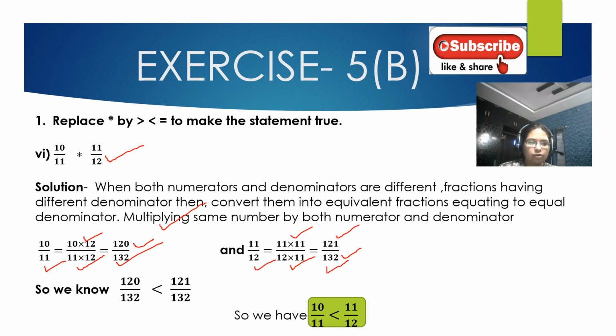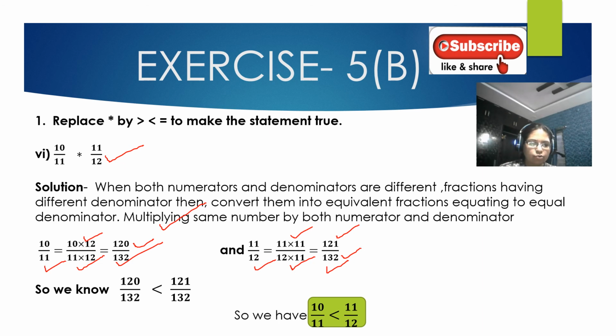Now we have the same denominator, that is 132. Both have the same denominator, so we look at the numerators. The fraction with the smaller numerator is less than the fraction with the bigger numerator. So here 120 is less than 121.